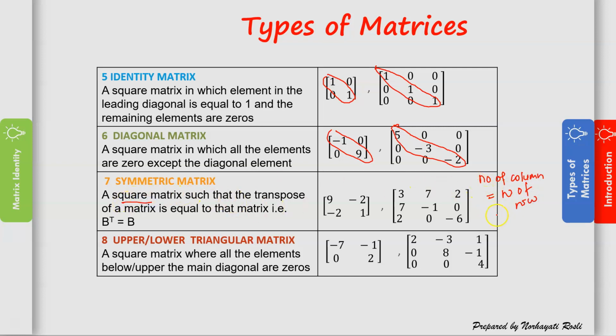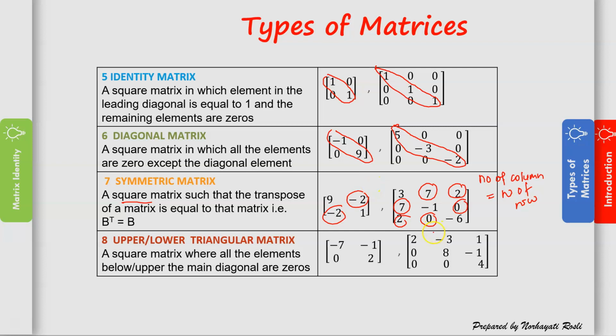And we have another additional condition, that is, the transpose of the matrix equals the matrix itself. It means that if I transpose this one, I still get the same matrix, because this element is equal to this element. Also this one, 7, here 7, here 2, is equal to this element, and 0 is equal to this element.